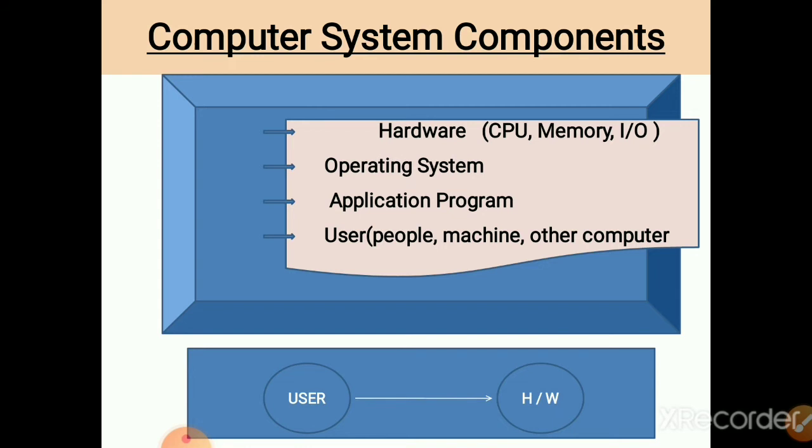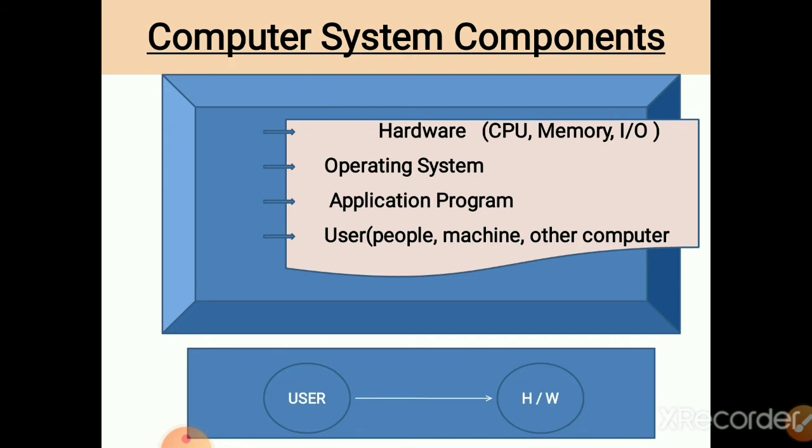Next we'll move to computer system components. The different components present in a computer are hardware, operating system, application program and user. The hardware parts are CPU, memory and I/O devices.